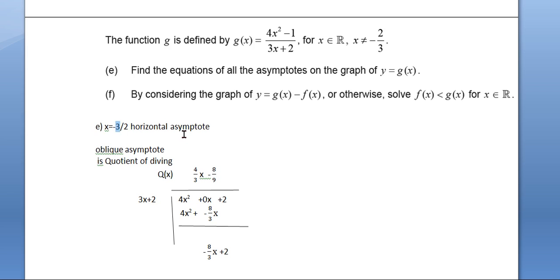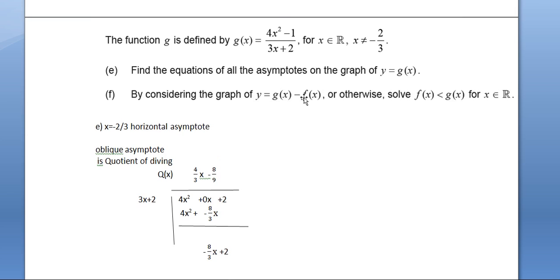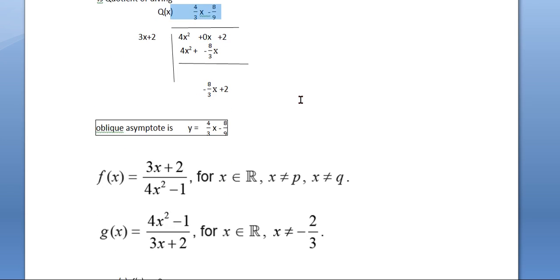X equals -2/3. Oblique asymptote we can find because we divide polynomial with degree by 1 more. So here x squared. So we divide, and quotient give us this oblique asymptote.